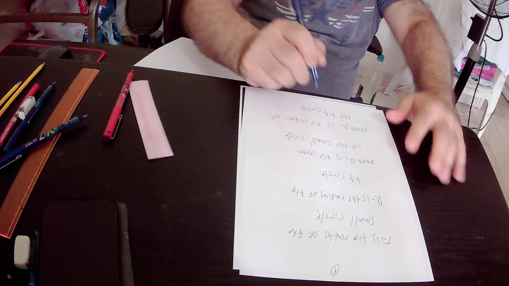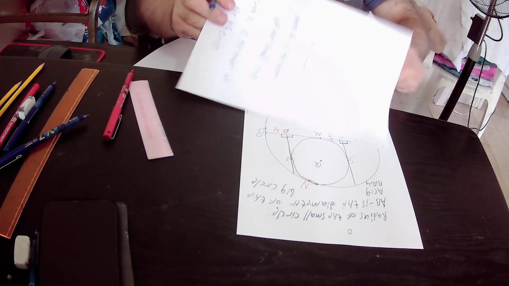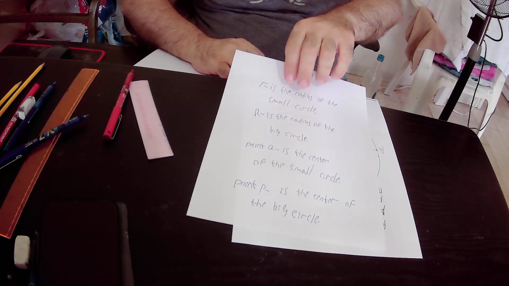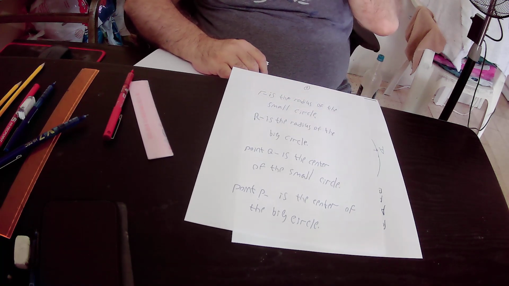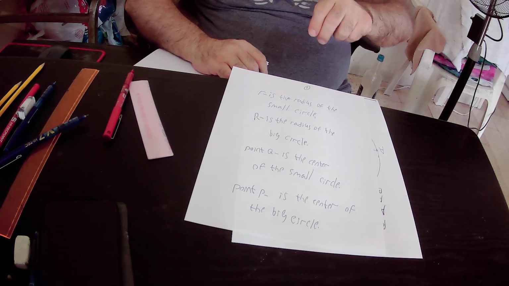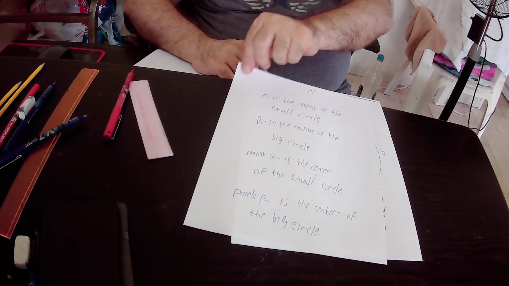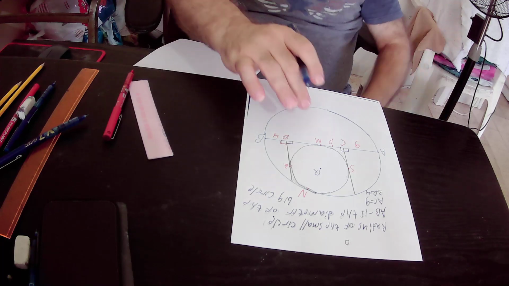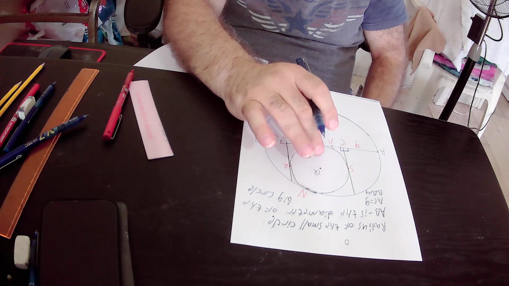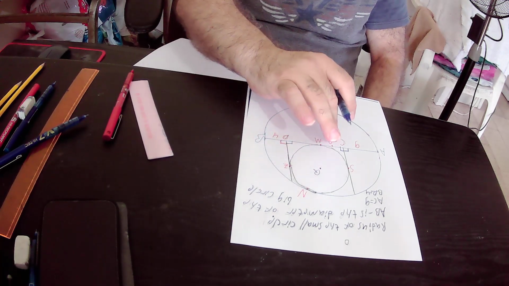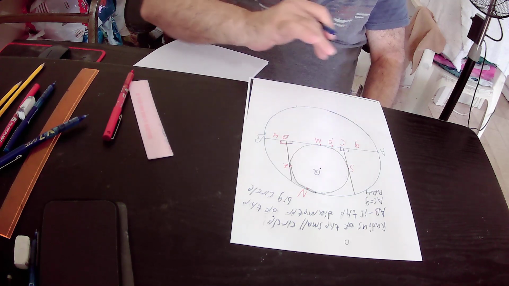So I will read the things that I wrote. Point Q is the center of the small circle and point P is the center of the big circle.